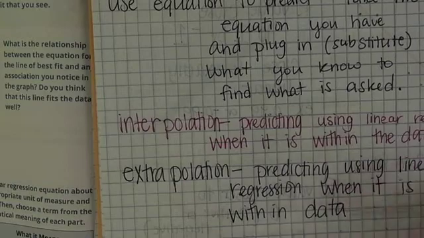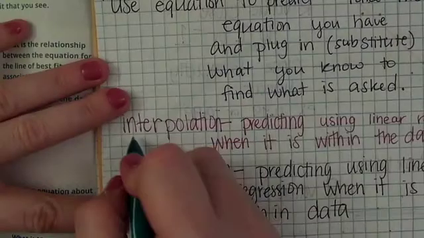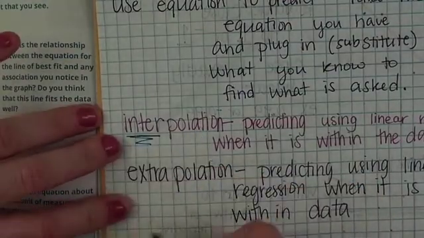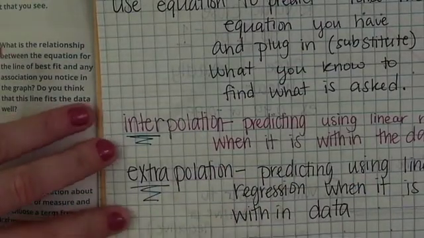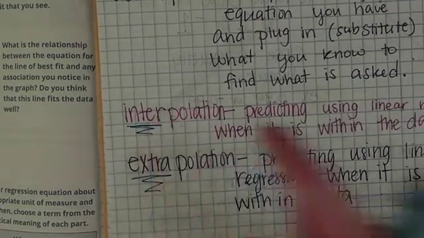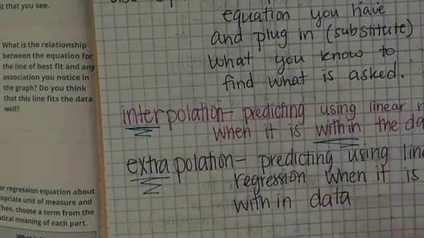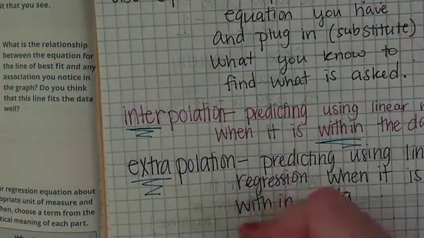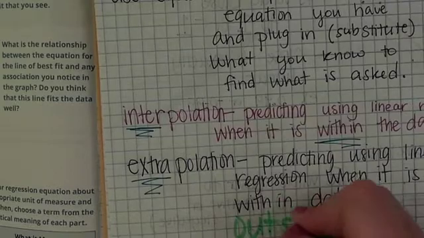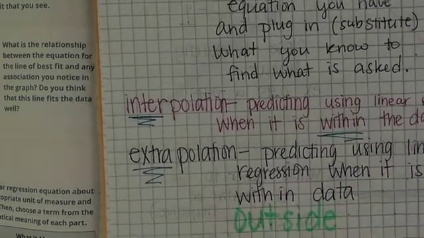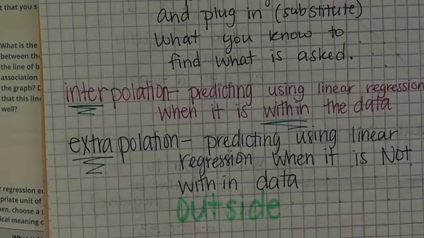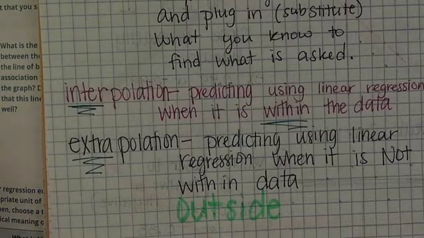So the way I think about it is the beginning parts of your word: inter, like interior design, extra is like exterior. So this is inside, so within, and then I would write the word outside. Okay, so that's interpolation and extrapolation. Remember, just use your data and then you're going to decide if it's reasonable, if it's not reasonable, or how close the equation actually is.